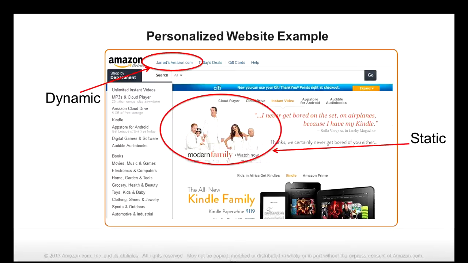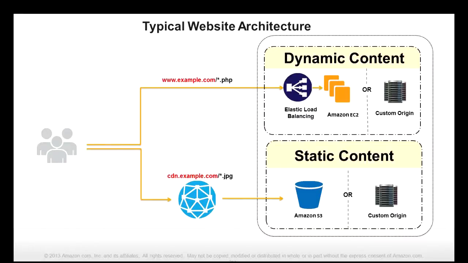So the point of this slide really is that most modern websites today are a mixture of dynamic and static content. And typically, you'll see these websites have an architecture that looks something like this. In this architecture diagram, you see the end users or the viewers are using their browsers to download two different types of content.